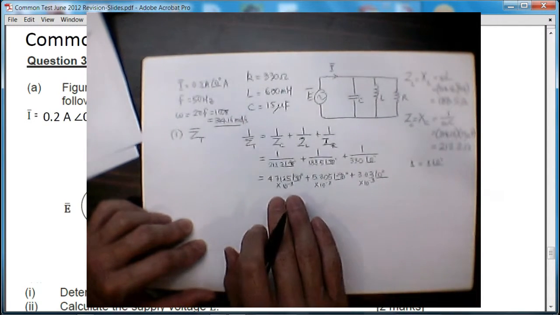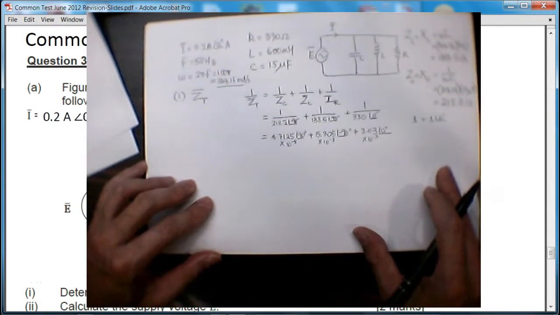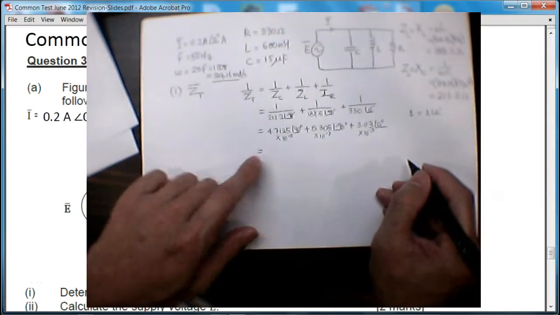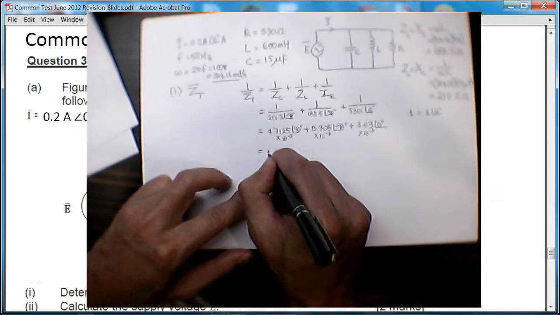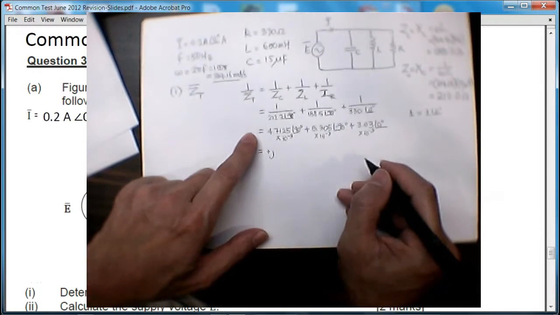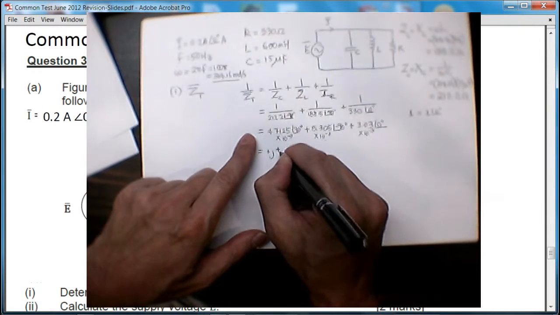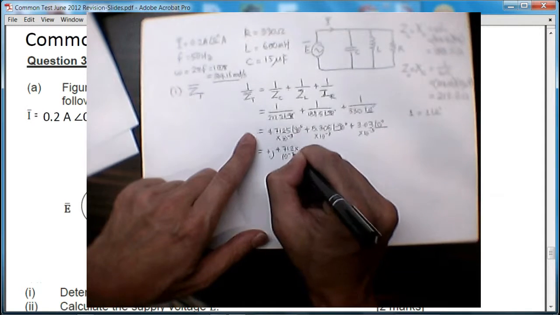Now I need to add complex numbers. So the quickest way for me is to convert them all to rectangular format. For this 90 degrees, I will put plus J in front of this number. So that gives me 4.712 times 10 to the minus 3.